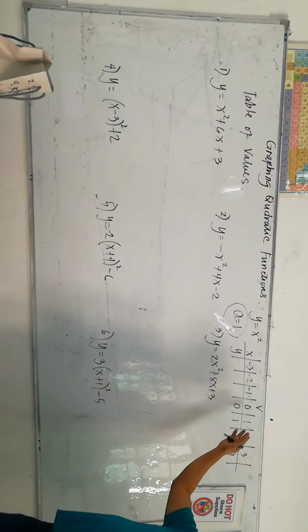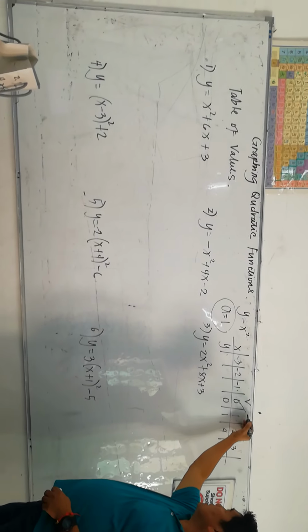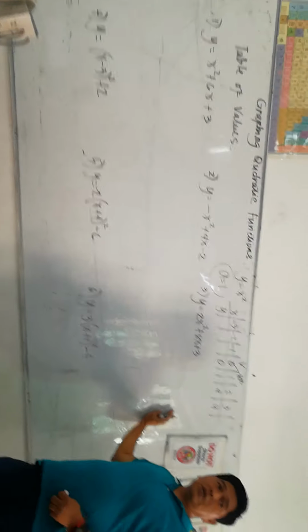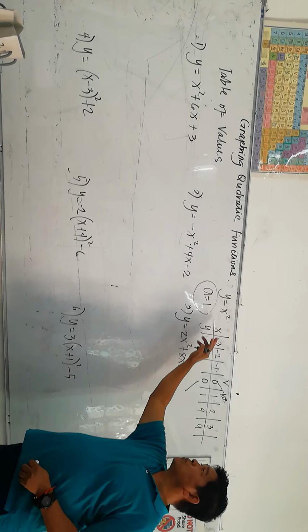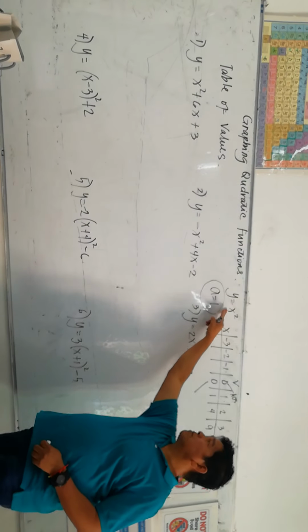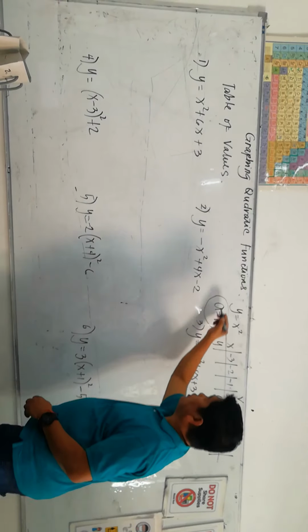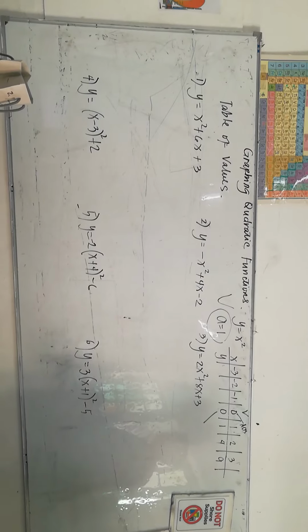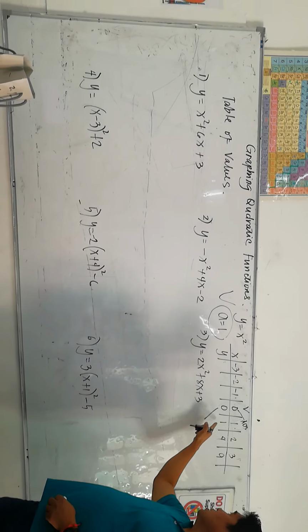Now, what is the purpose of this axis of symmetry? This is your axis of symmetry. Since the value of A is positive, your parabola opens upward. It will open upward since the value of A is equal to 1. Just reflect this.